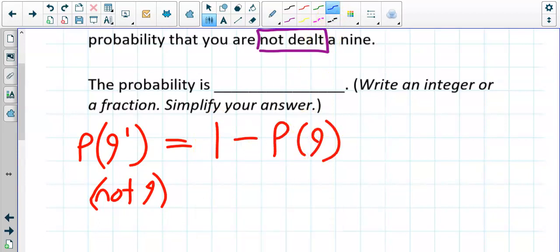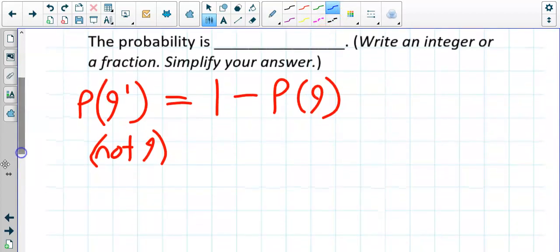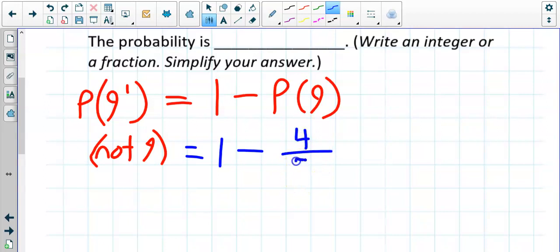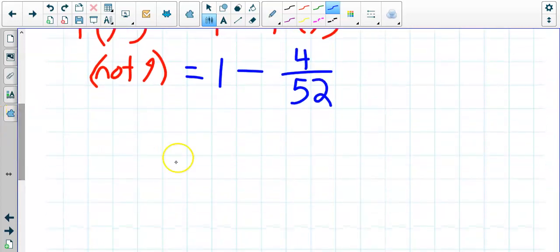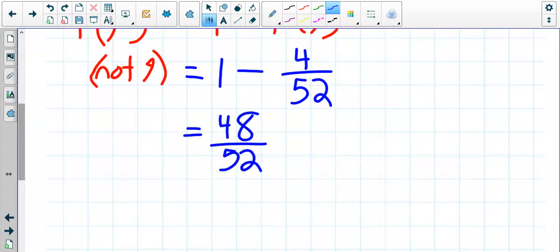So hopefully you've been studying up on your cards. And as we go through this, we've got 1 minus, well, what's the probability of drawing a 9? How many 9s are in a deck of cards? There are 4 out of 52. Okay? So if you actually subtract this, you end up finding out that this is 48 out of 52.